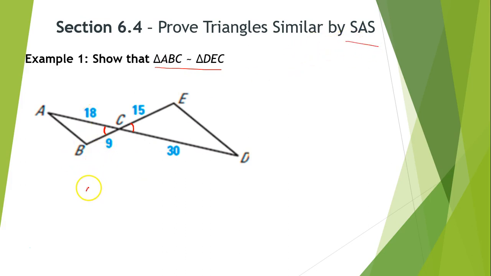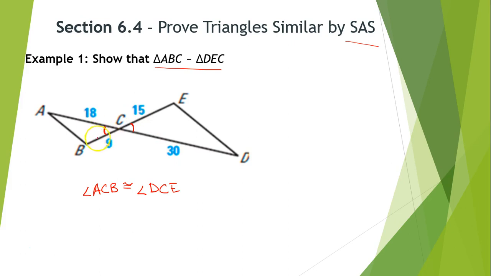Okay, so angle ACB is congruent to angle DCE. Okay, so we've got the included angle between our sides right here is congruent.